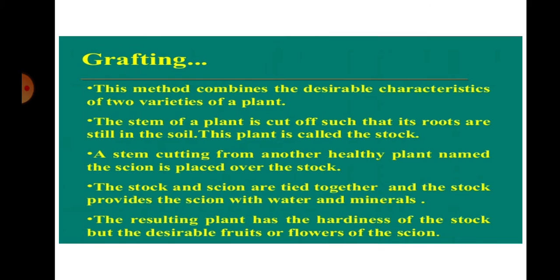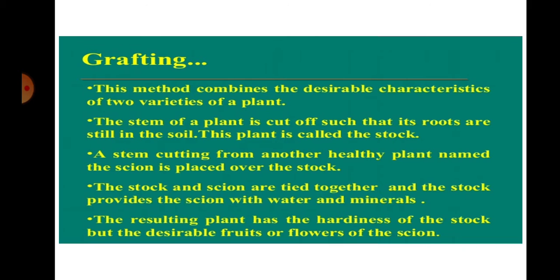Okay, so this method combines the desirable characteristics of two varieties of plants. The stem of the plant is cut off such that its roots are still in the soil. This plant is called the stock. The stem cutting from another healthy plant, named the scion, is placed over the stock. The stock and scion are tied together, and the stock provides the scion with water and minerals.